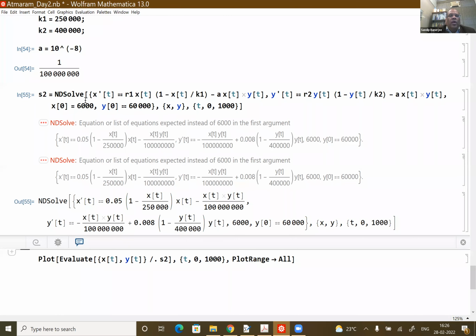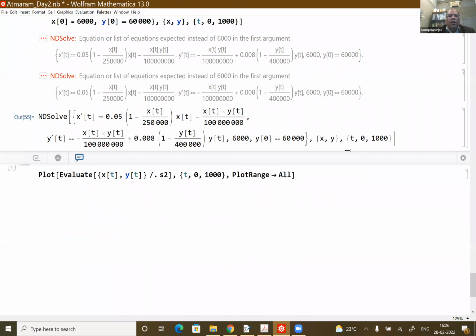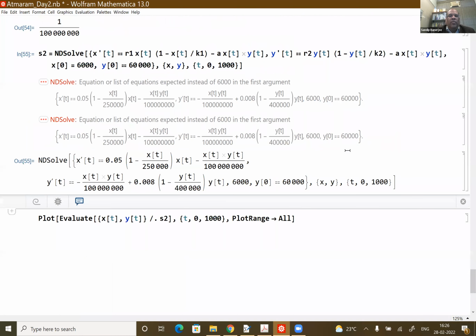DSolve x[t]. So something is wrong with this y. As you can see, it is blue in color, and it should work.